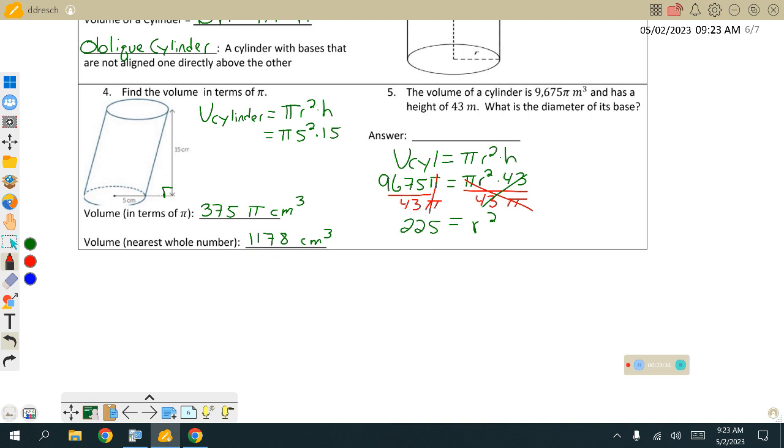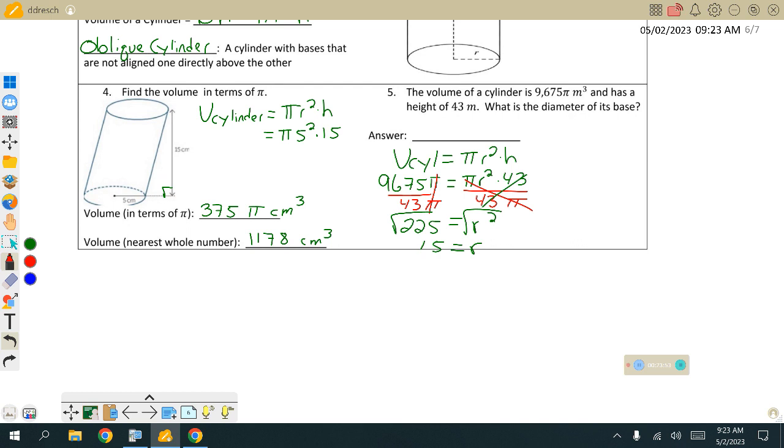And this time we're solving a quadratic. The one we did up above a few minutes ago, the cube, that was a cubic. Here we're solving a quadratic. So square root both of these. And you should know what the square root of 225 is. 15.